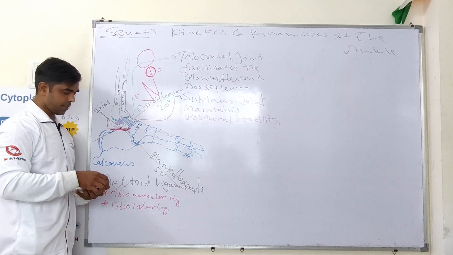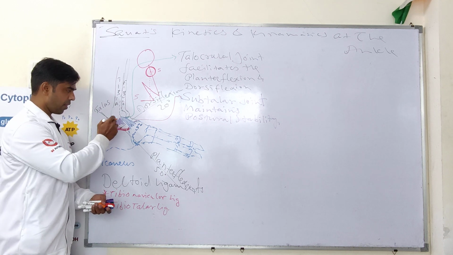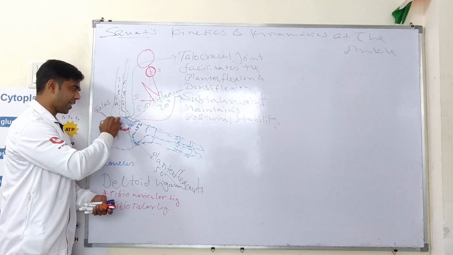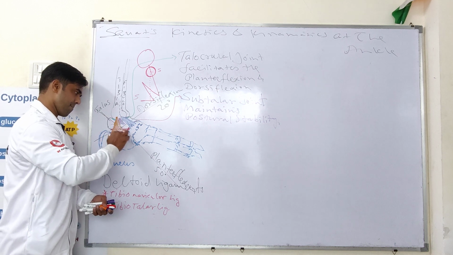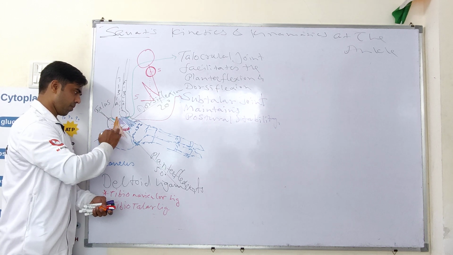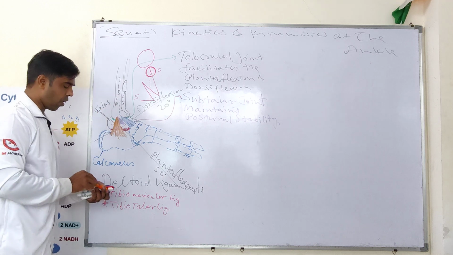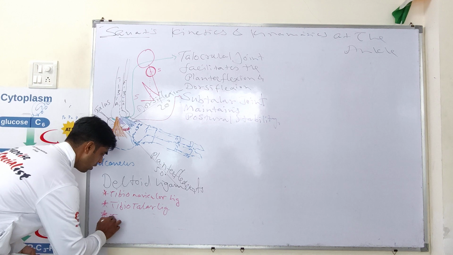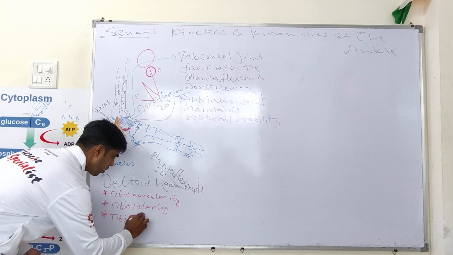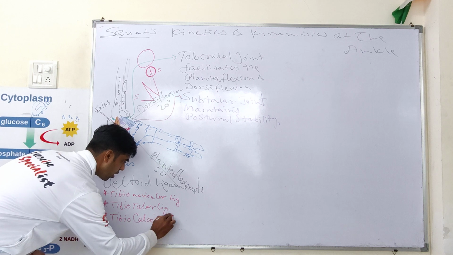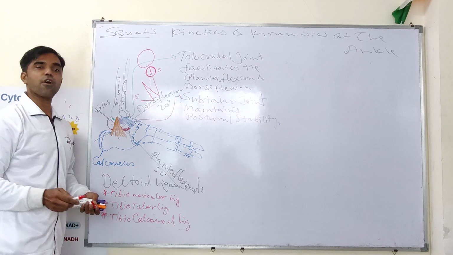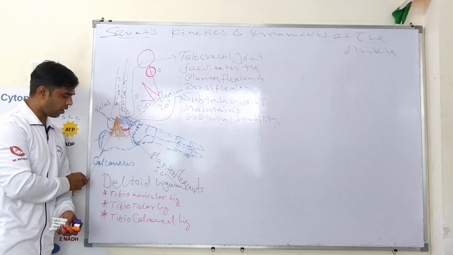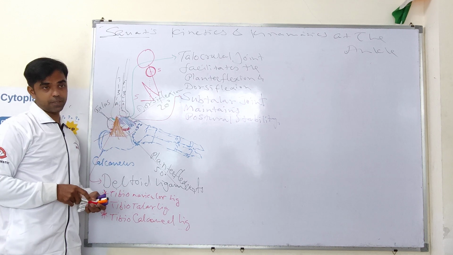And the orientation of the fibers from the tibia onto the calcaneus is called the tibiocalcaneal ligament. So they form a nice triangle, which is why it is called the deltoid ligament.